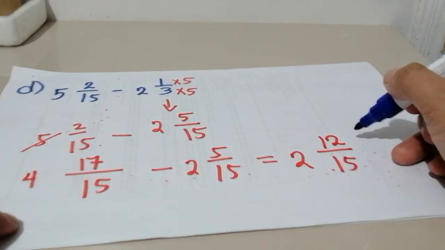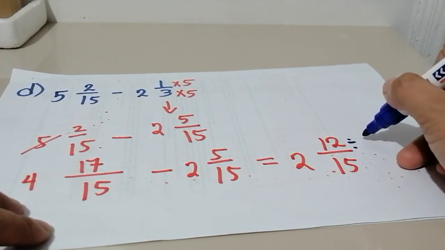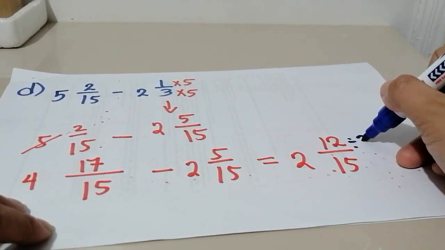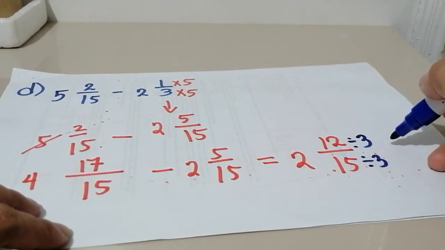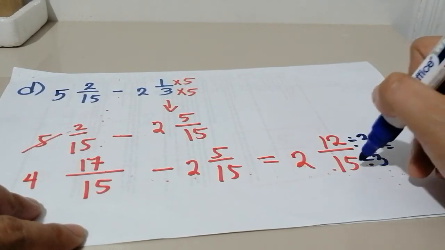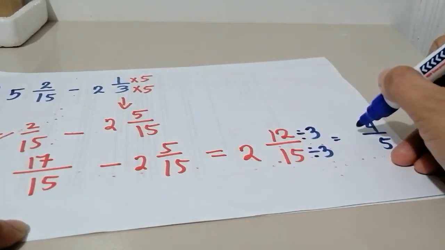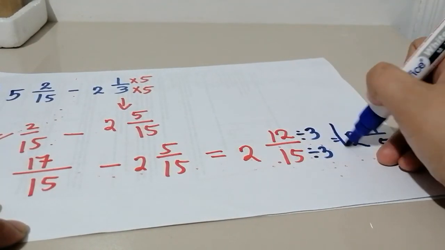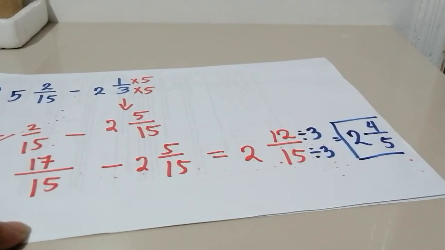Because these two numbers, 12 at 15, they can be divisible by 3. So, 12 divided by 3 is 4. And 15 divided by 3 is 5. Okay, and then just copy yung whole number dito na 2. So, ang final answer natin dito ay 2 and 4 over 5.